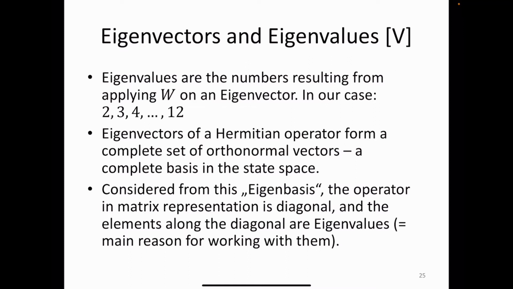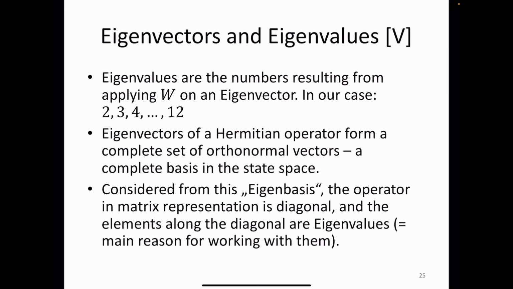The eigenvectors of a Hermitian operator form a complete set of orthonormal vectors, a complete basis in the state space. If we consider this eigenbasis, the operator in matrix representation is diagonal, and the elements along the diagonal are eigenvalues, which is the main reason for working with them. Remember the computational basis states that we work with, in the two-dimensional qubit space, or the four-dimensional 2-qubit space, for example.